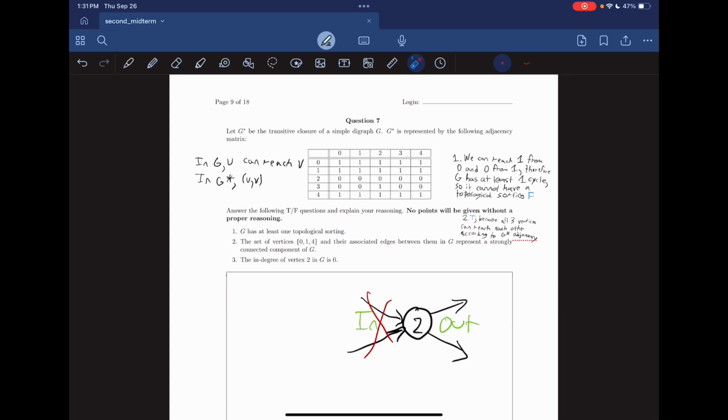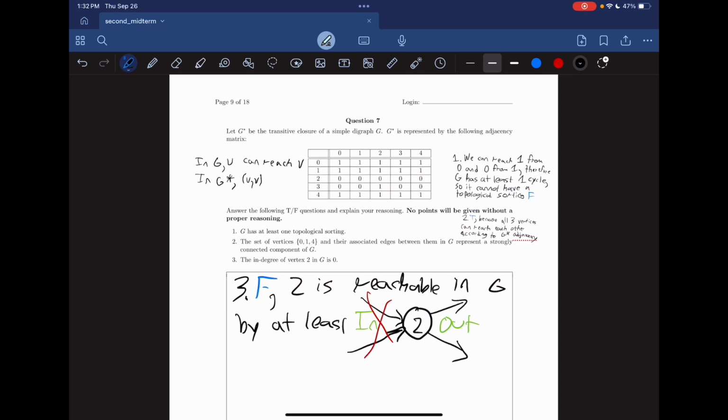So the in degree of vertex 2 in G cannot be 0. 3 must be false, and the reason for that is that 2 is reachable in G by at least one other vertex.